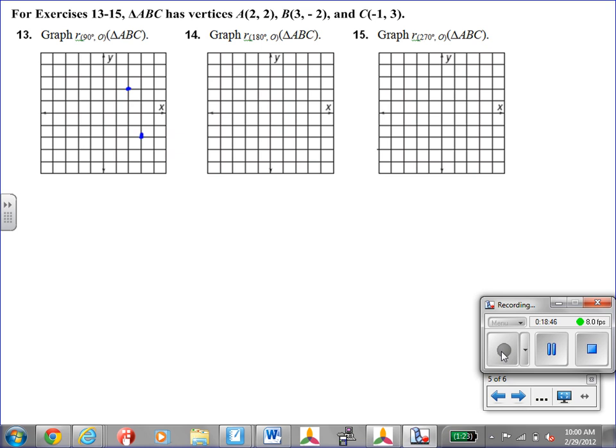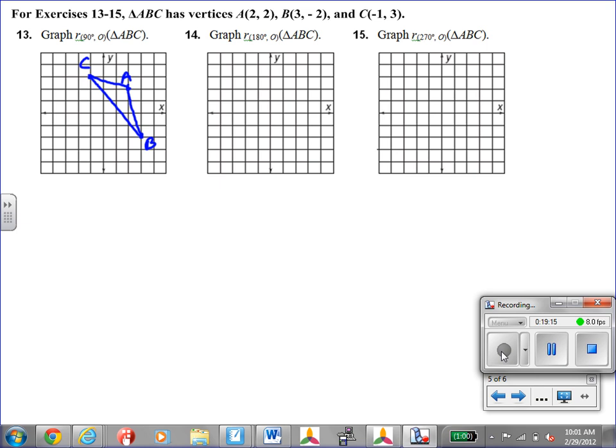That's going to be B. And you've got -1, 3. C. It's important stuff. And you get a triangle. You guys might need to check that because my X and Y are not so thick that it's hard to see. It looks right to me. ABC. Everybody good with that?